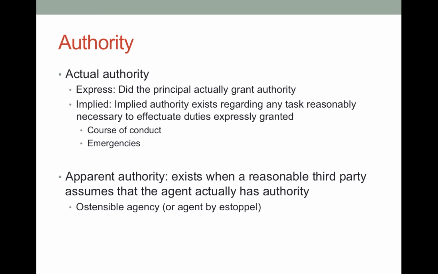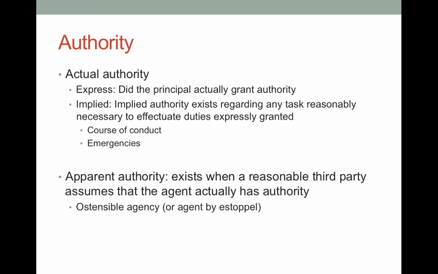Actual authority could be either express or implied. In other words, the principal specifically granted the authority to the agent, or it could have been implied under the circumstances, and you can see the rule here. Implied authority exists regarding any task reasonably necessary to effectuate the duties that were expressly granted.